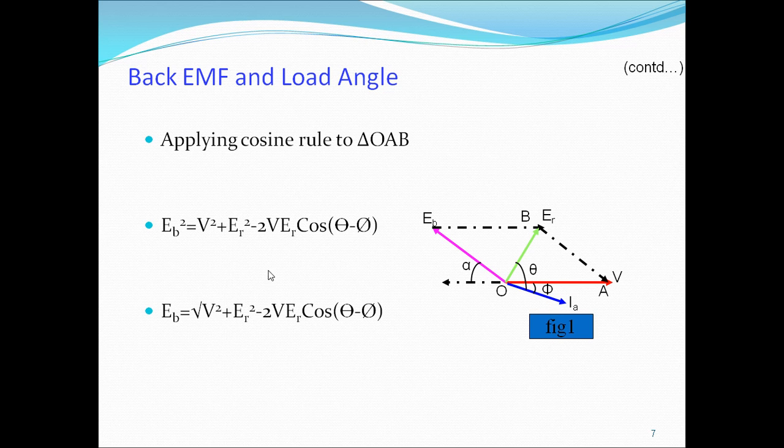So from this triangle, EB is equal to square root of V square plus ER square minus 2 into V into ER into cos of theta minus phi.